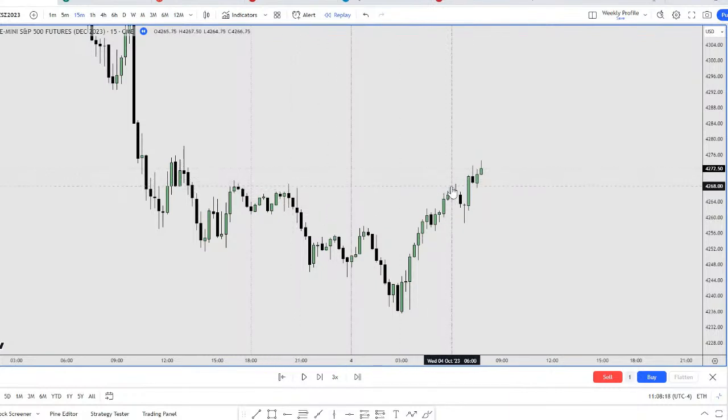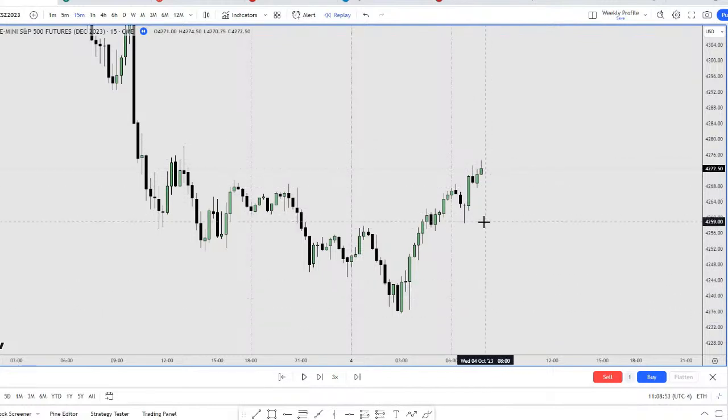So once AM session took out Asia's high, I would say low probability, but it doesn't mean that you can't trade. So basically, I was looking for a retracement into this breaker here during the AM session because right here at 7:45, price is very near to this high here. So I wanted to see if there is any willingness for price to break down lower.